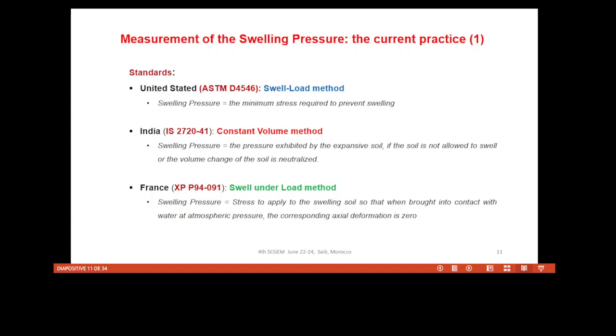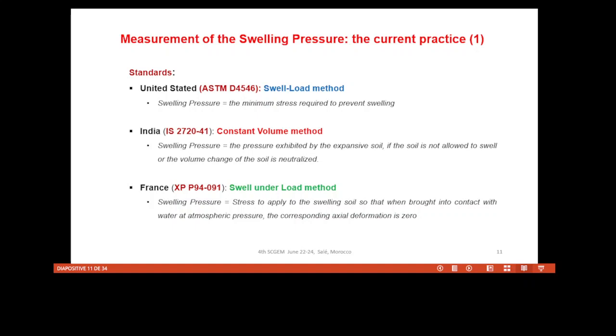And third, using the French standard, the swell under load method, the swelling pressure is the stress to apply to the swelling soil, so that when brought into contact with water at atmospheric pressure, the corresponding axial deformation is 0.